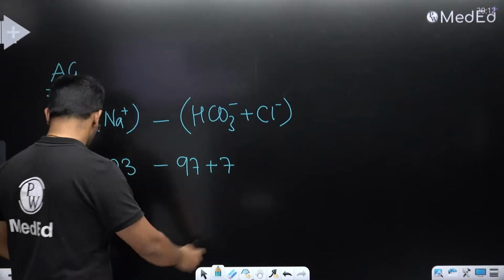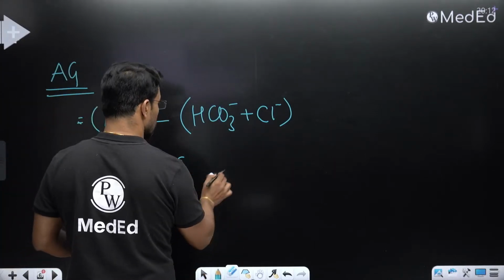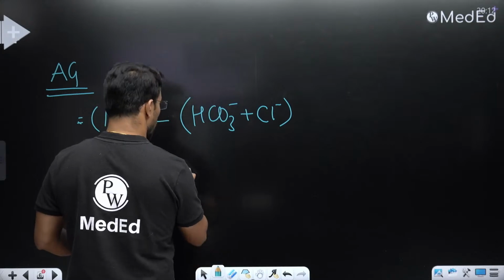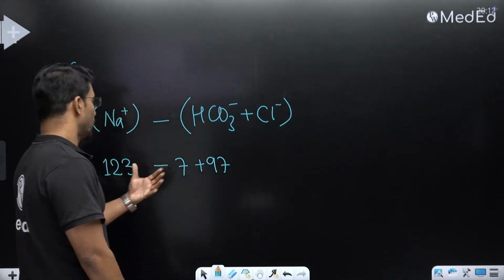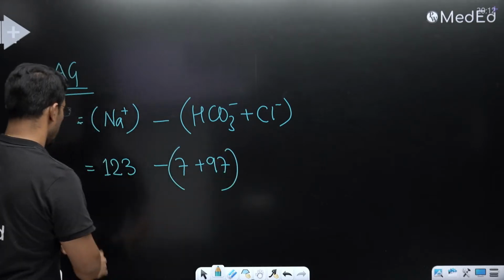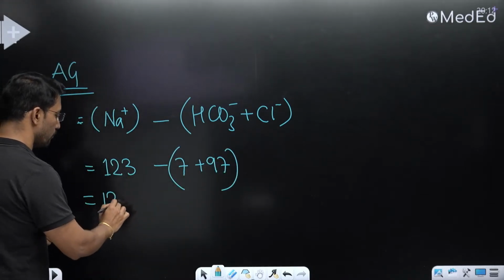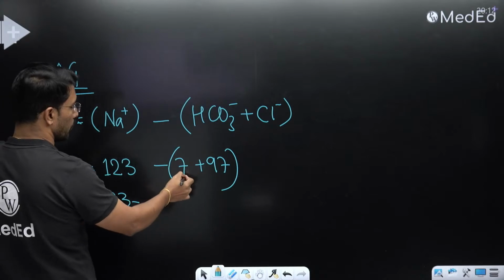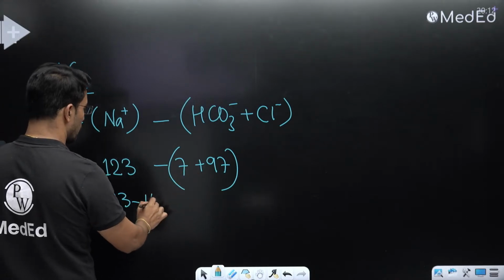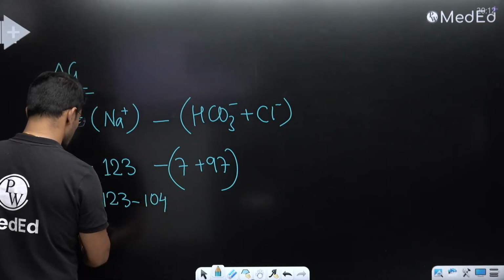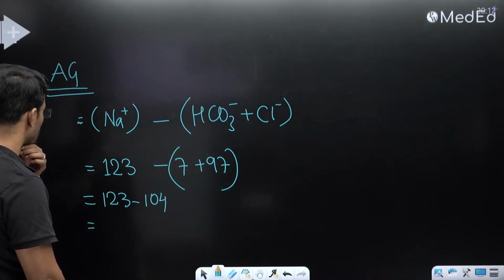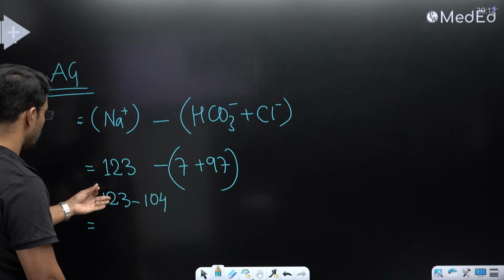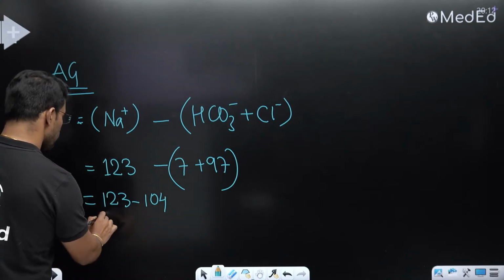Now let us calculate the anion gap. 123 minus 97 plus 7 is 104, if I am mathematically correct. So that gives me a value of 123 minus 104, which gives me 19.